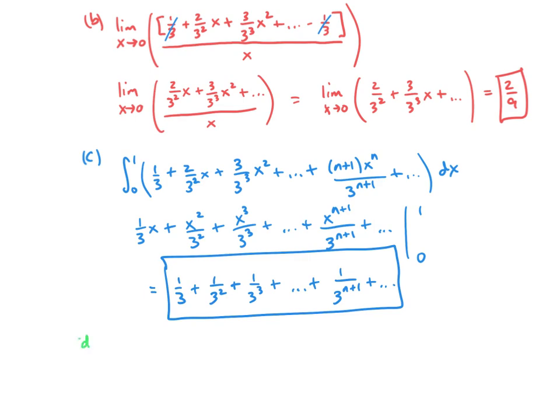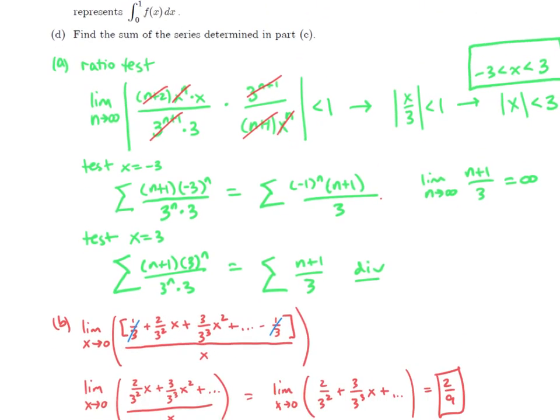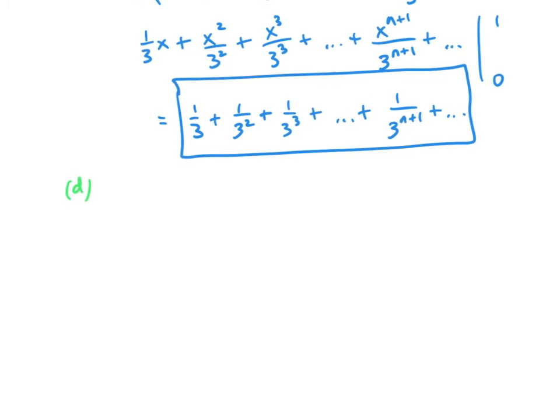All right, for part D, our very last part, it says that we need to find the sum of the series determined in part C. So remember, the only way to really find a sum is either to compare it to one that we know, or it may be geometric. So we have a geometric series with the starting term a equal to 1/3 and r equal to 1/3 as well, because every term is being multiplied by 1/3.